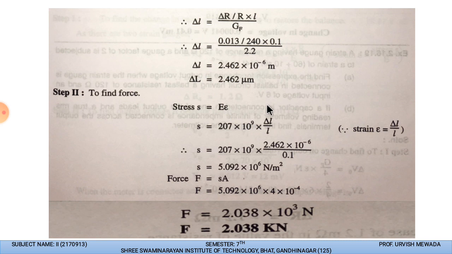So S is equal to 207 into 10 raised to 9, and the change in length that we found, 2.462, divided by L, the original length at which we placed our strain gauge, 0.1. So S is equal to 5.092 into 10 raised to 6 Newton per meter square.